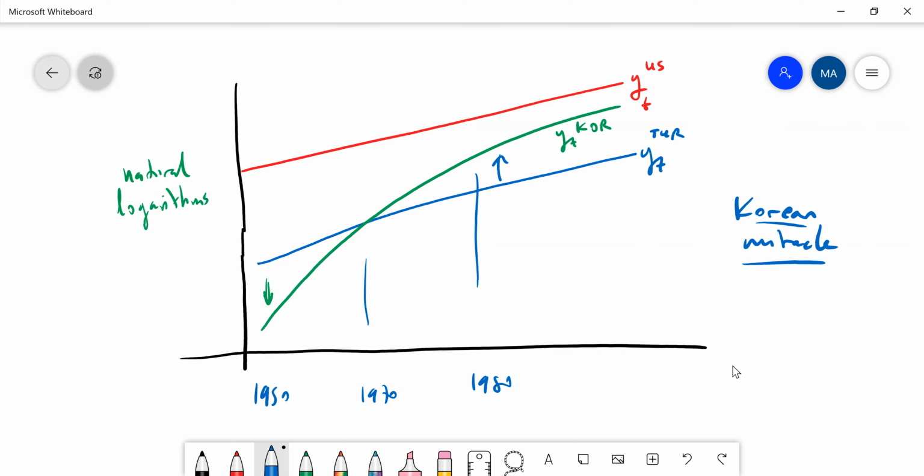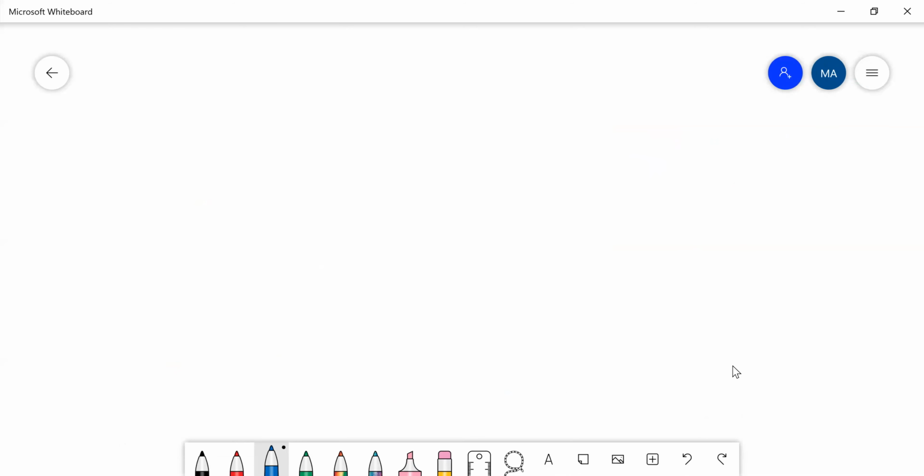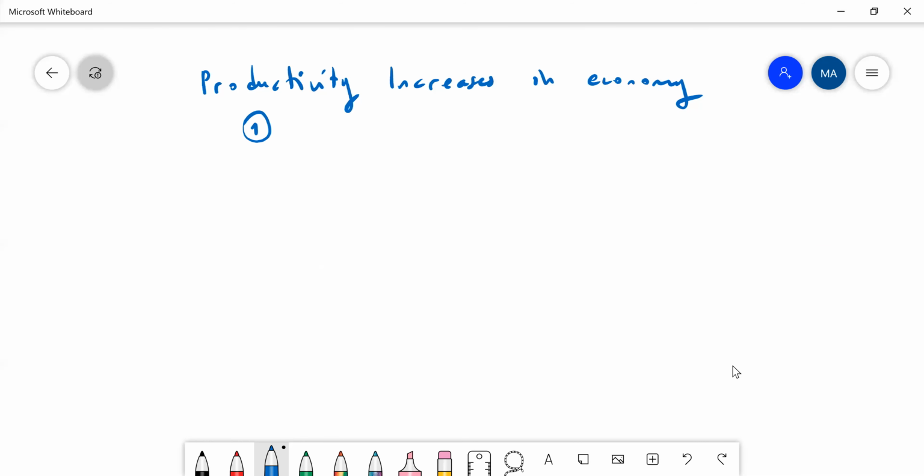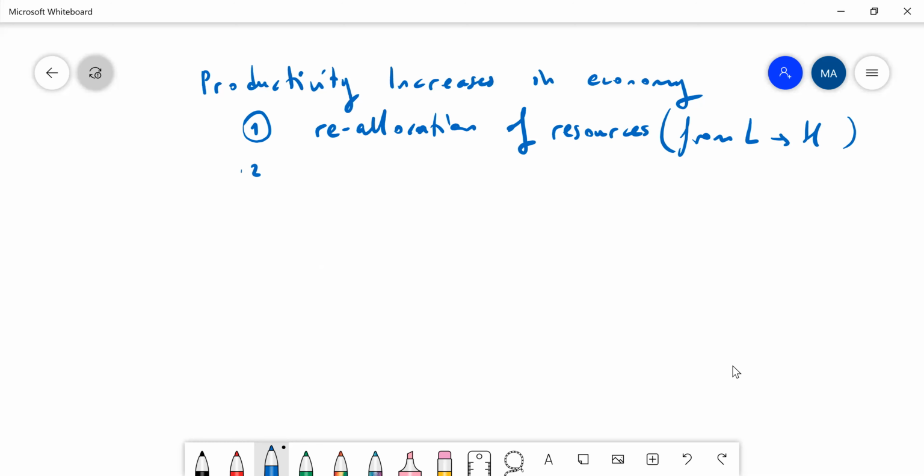So let me summarize. So first, we started thinking about productivity increases in an economy. And there are 3 mechanisms: reallocation of resources from low productivity to high productivity, okay, innovation.